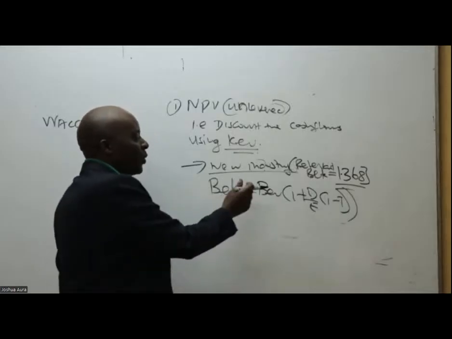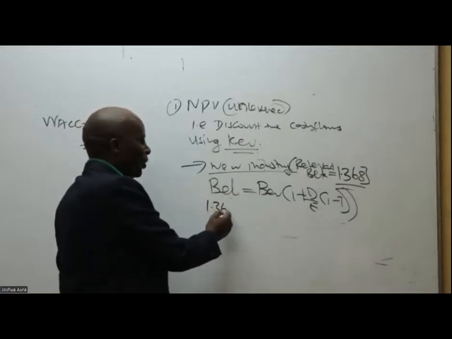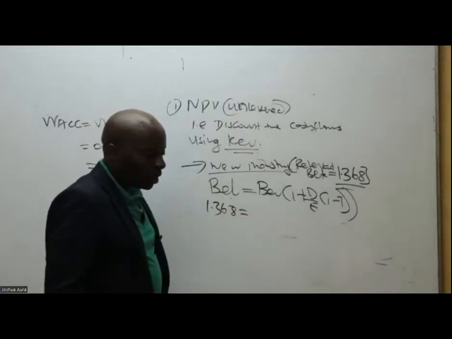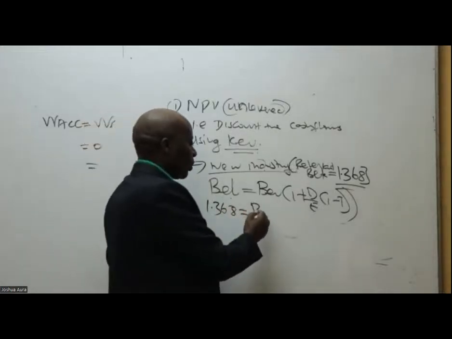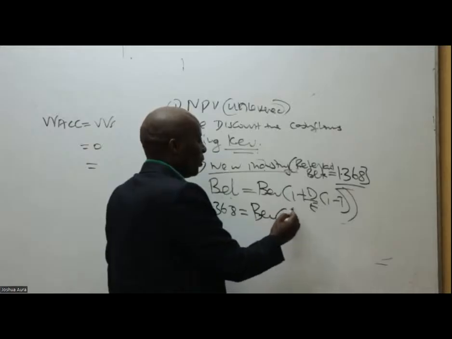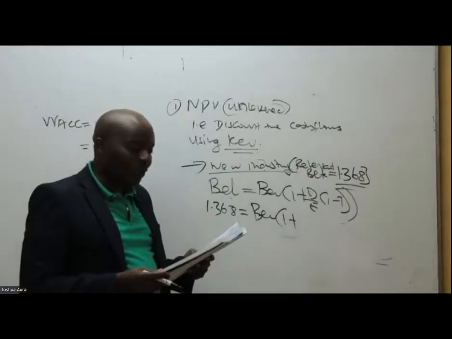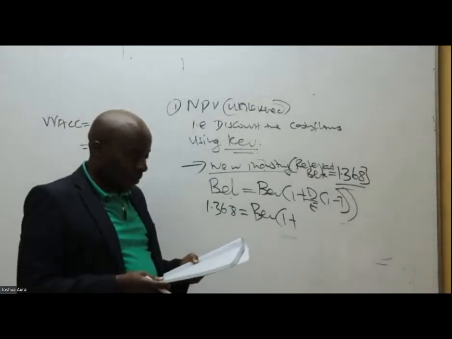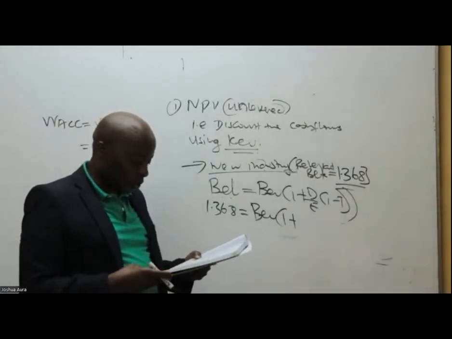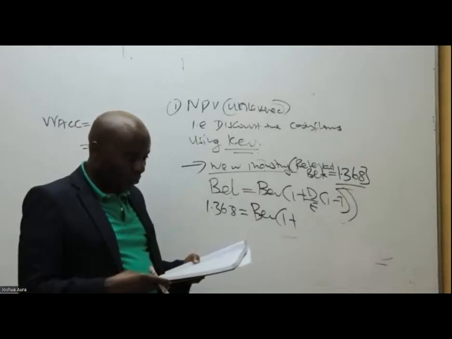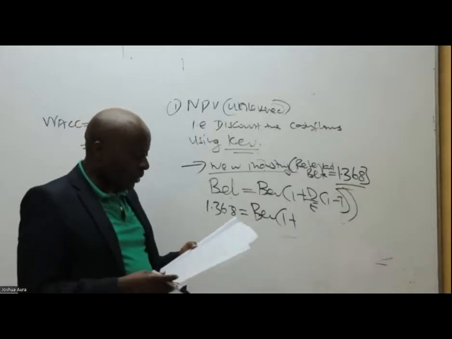So the beta, already we have it, which is 1.368, which equals the beta that we are looking for, times 1 plus, are you able to see the debt to equity ratio of the new industry? All right, so they're telling me it's 1.5.